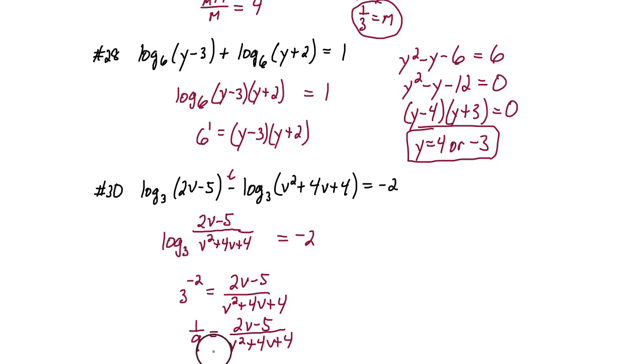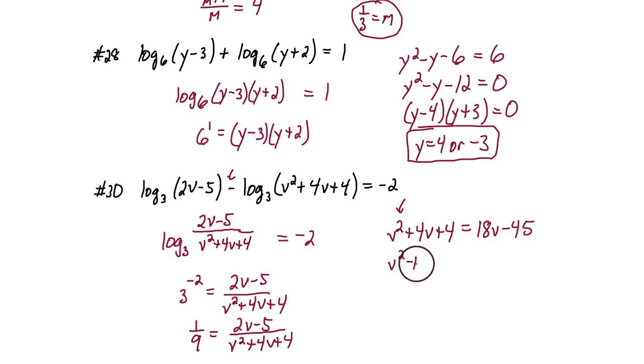Now we need to solve this equation, but this has the look of a proportion. We can use the cross multiplication technique. 1 times (v squared plus 4v plus 4) is equal to 9 times (2v minus 5). That's 18v minus 45. This is quadratic because the highest degree is 2, so let's make standard form.